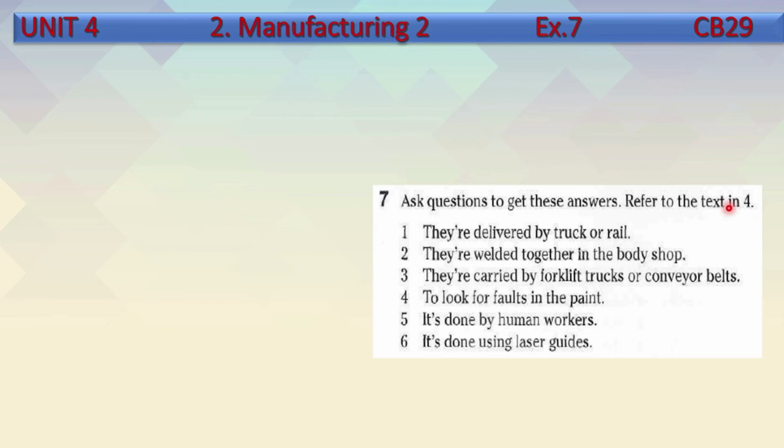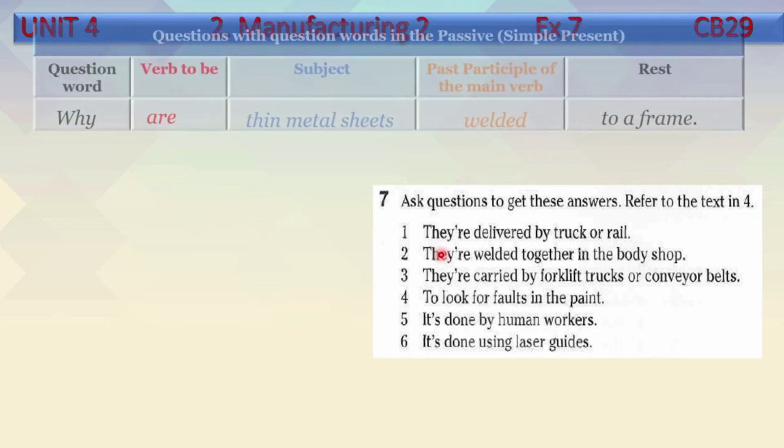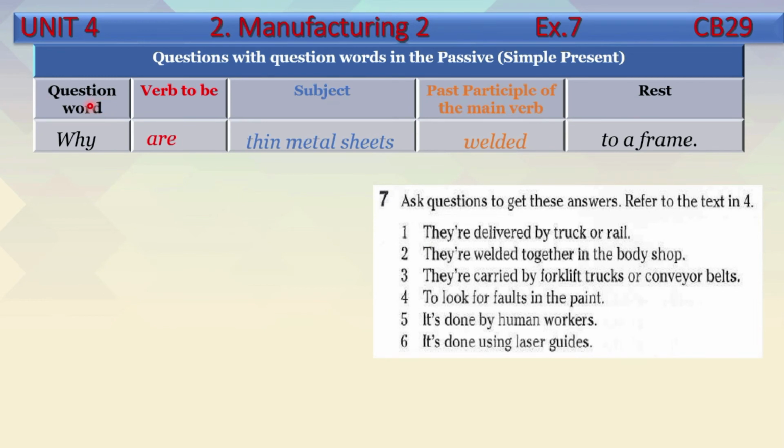So we need to ask questions to get these answers. We will do number 1 together. Remember, to form a question, we need question word, verb to be, subject, and past participle of the main verb.